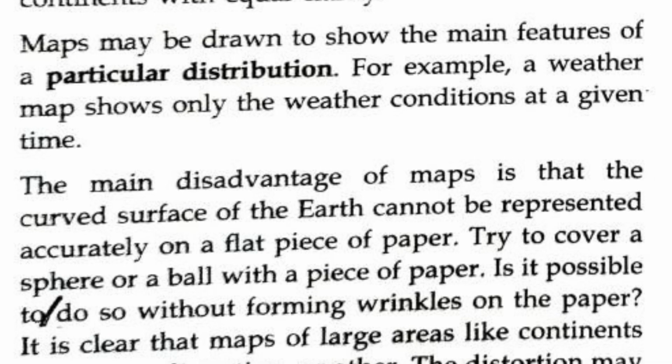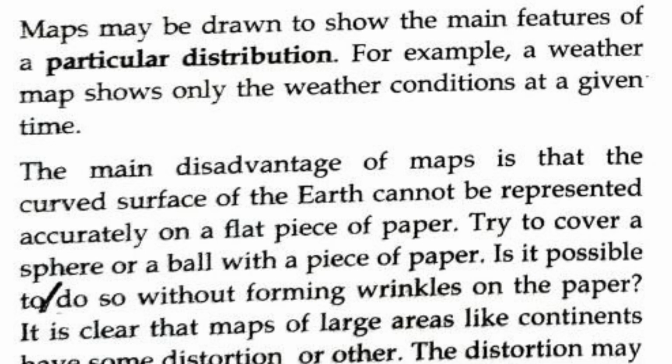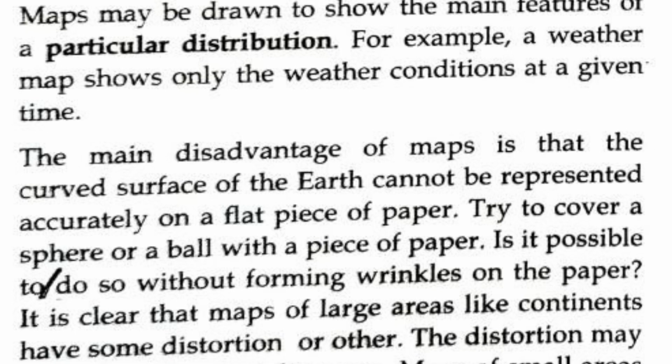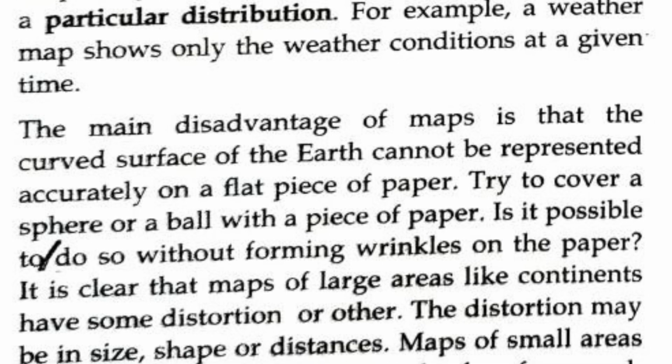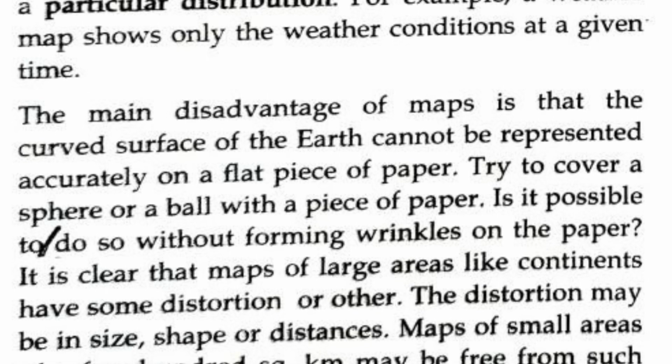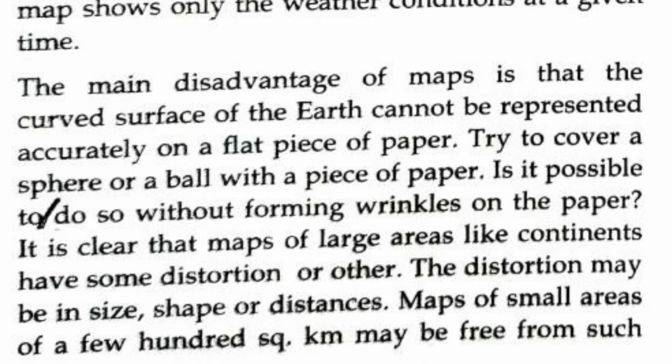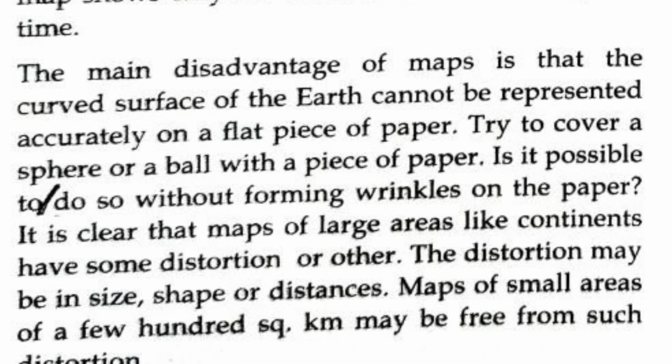The main disadvantage of maps is that the curved surface of the earth cannot be represented accurately on a flat piece of paper. Try to cover a sphere or a ball with a piece of paper. Is it possible to do so without forming wrinkles on the paper?